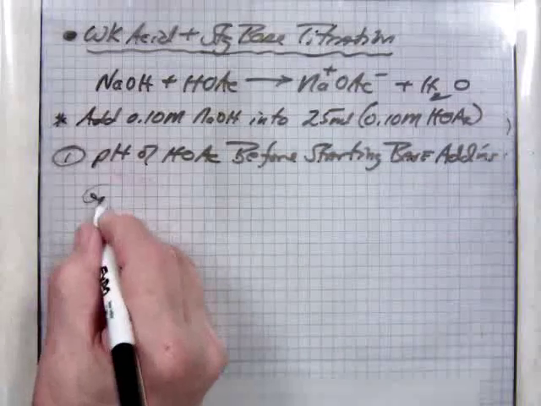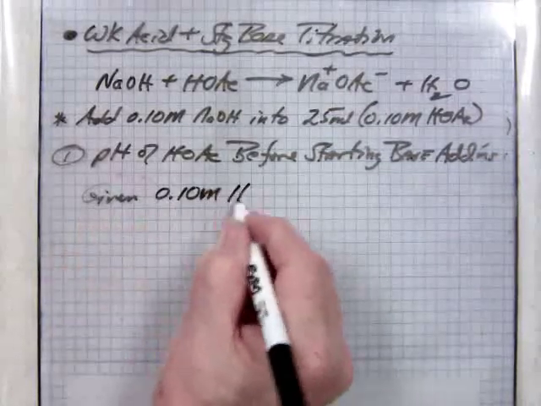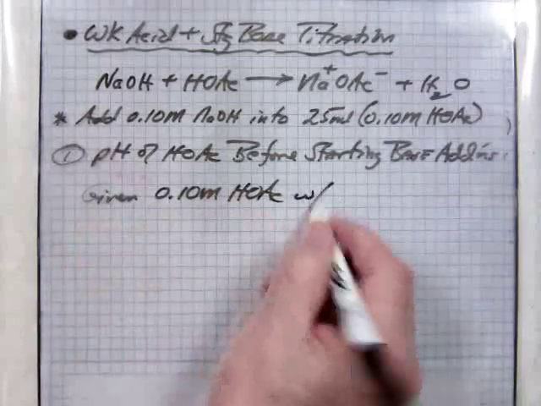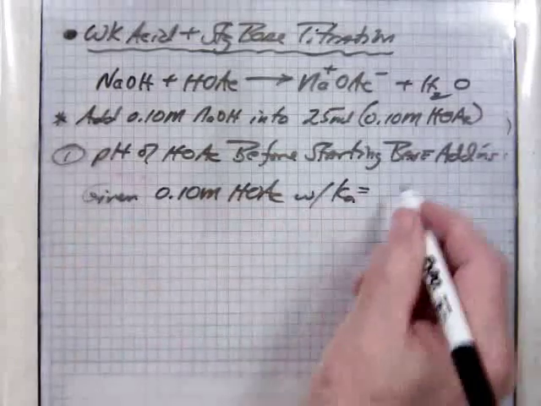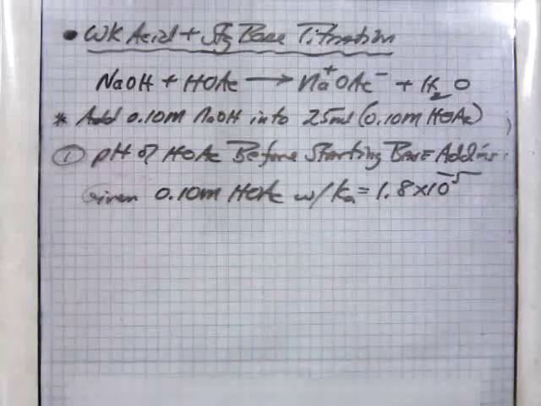Given 0.10 molar acetic acid with Ka equal to 1.8 times 10 to the minus 5, it is a weak electrolyte or weak acid in pure water.